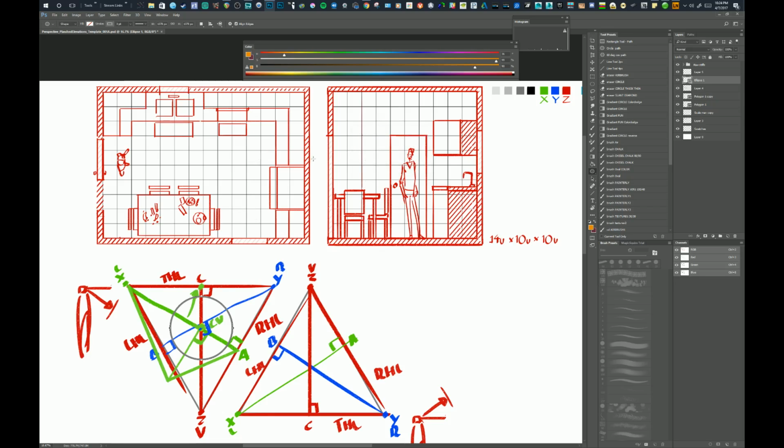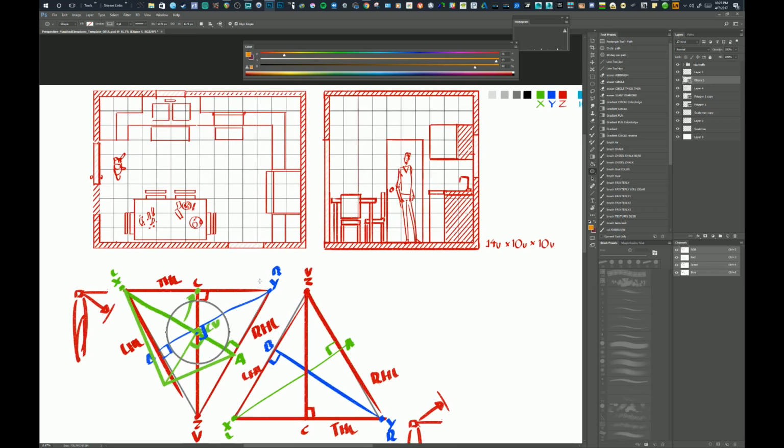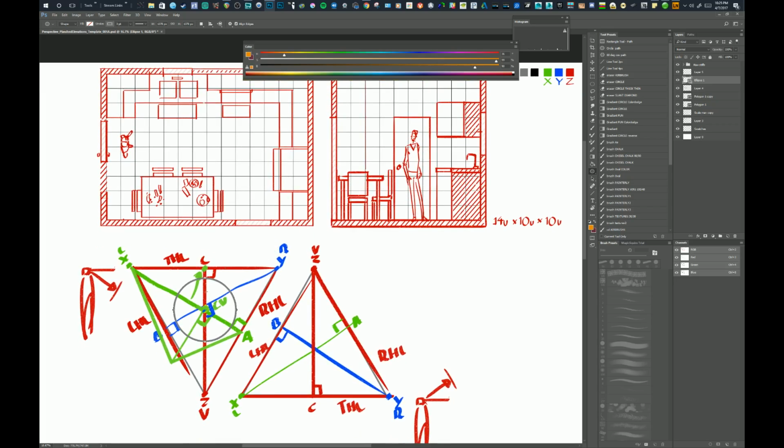I'm going to create 4 different views of this three-point perspective grid, and use that to create 4 to 8 sketches of different areas of this kitchen in three-point perspective using this simple method right here.